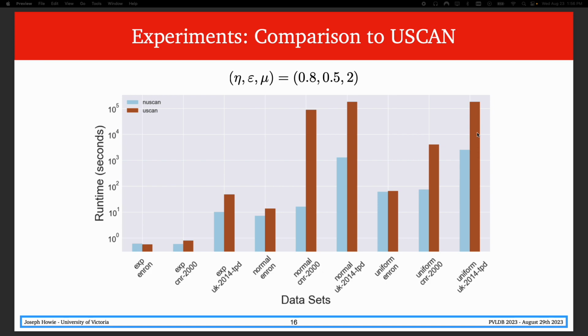And when we go back to our direct comparisons, we're seeing that we're getting very similar results. So that's good news. This is for the parameter point 0.8, 0.5, and 2, and we're seeing that we're getting very good results here.